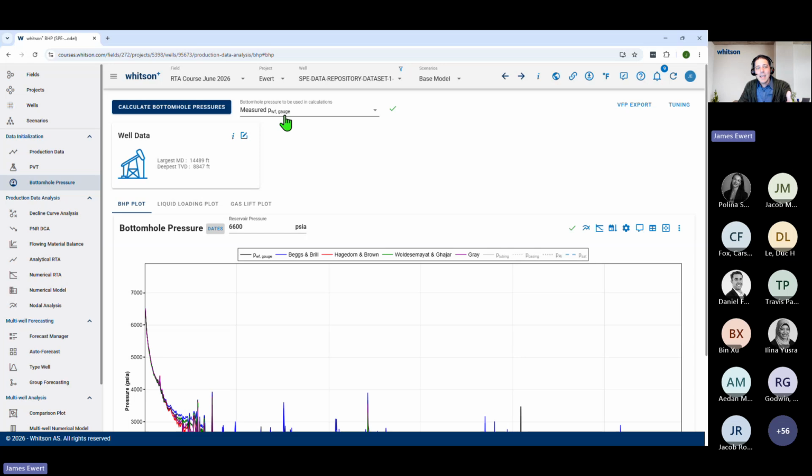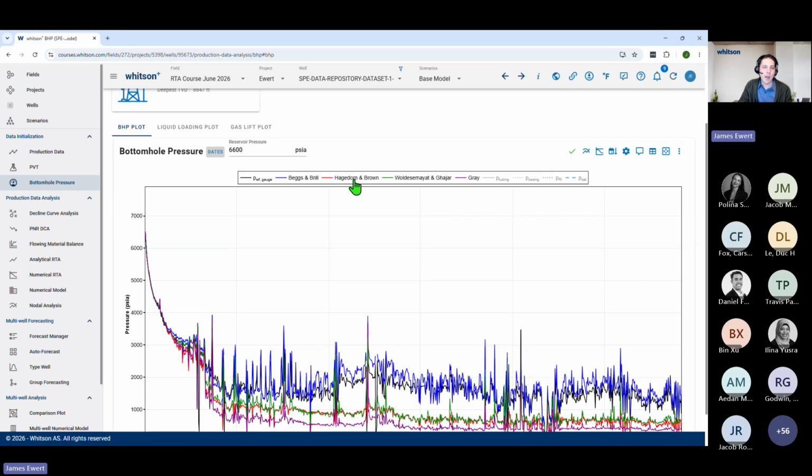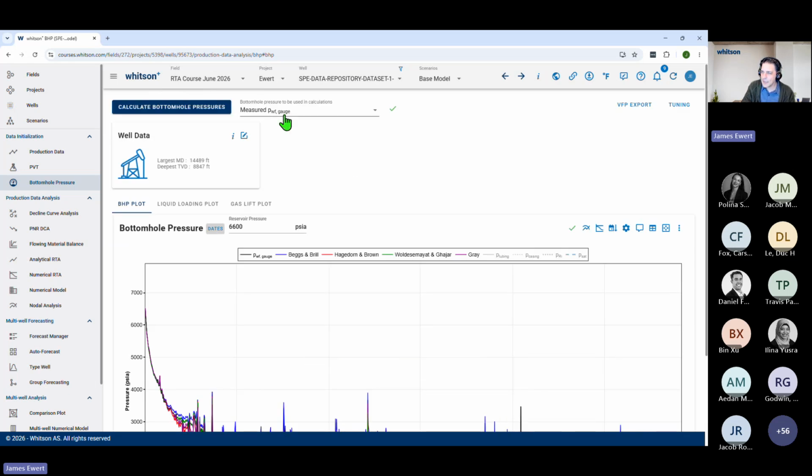But what I want you to know is that we have Beggs and Brill, Hagedorn and Brown, Wallis and Gahar, and Gray. We typically recommend Wallis and Gahar. We did an in-depth analysis with various operators. We looked at different GOR profiles, different assets. And we found that Wallis and Gahar was really the one that worked the best in most, if not all, of those situations. And so that's the default that I use. But for the purposes today, we're just going to stick at the very top where it says gauge, okay?